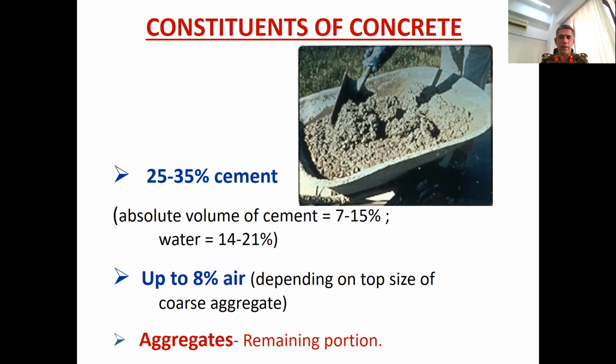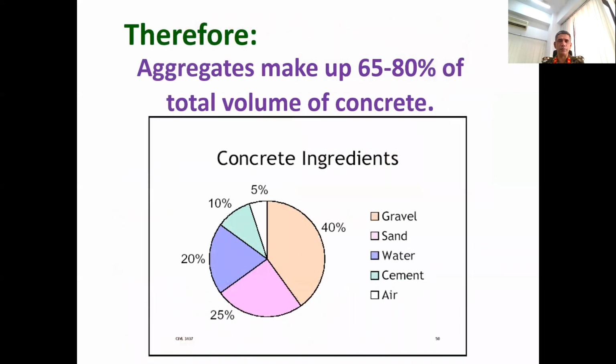Then 8% is air. These air voids remain between the aggregates, and also within the aggregates. The majority of the part is aggregate itself. Other than cement, air and some water, the remaining part is aggregate.